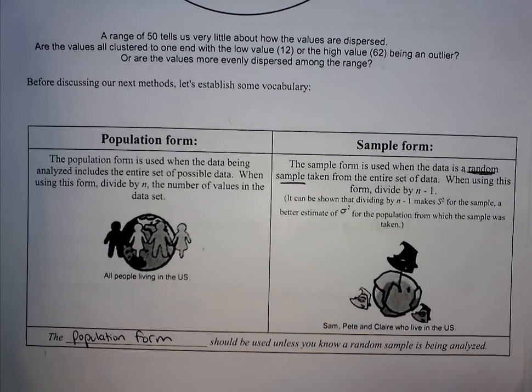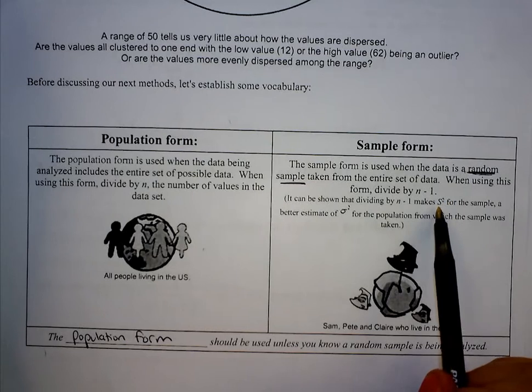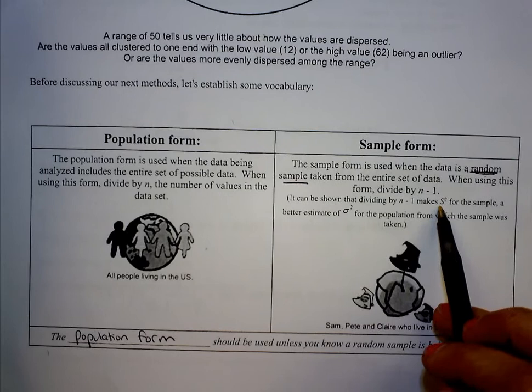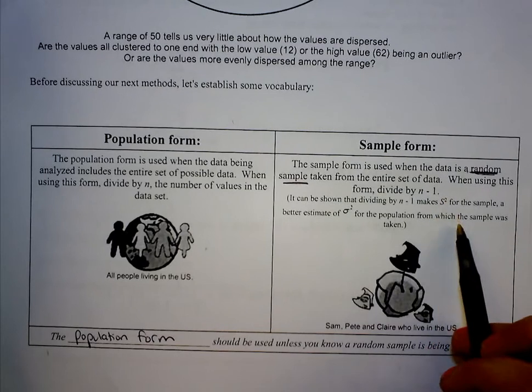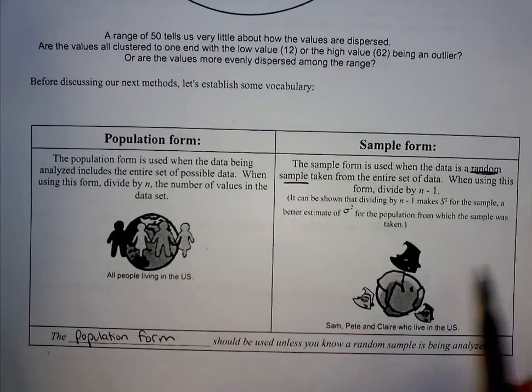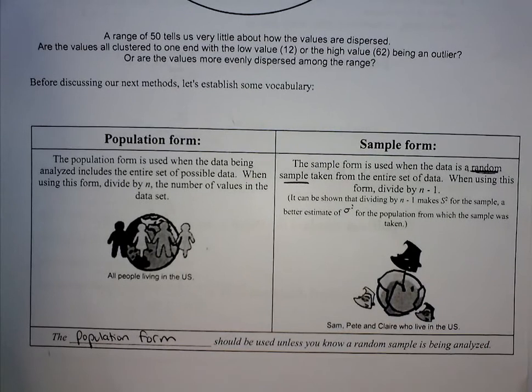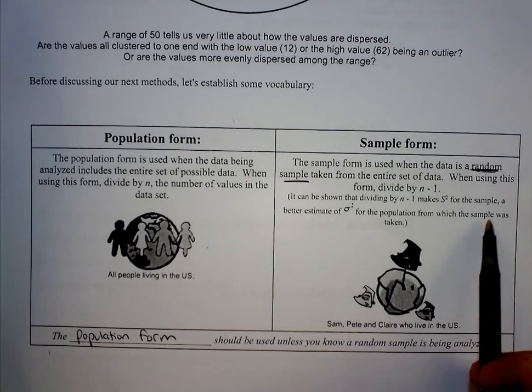So let's talk about symbols as well. S squared is for the sample, which this here is, and we're talking about an omega, so we can talk about the population from which the sample was taken.